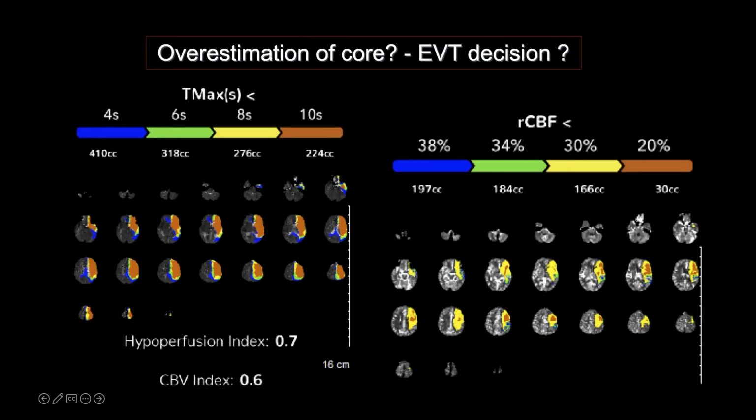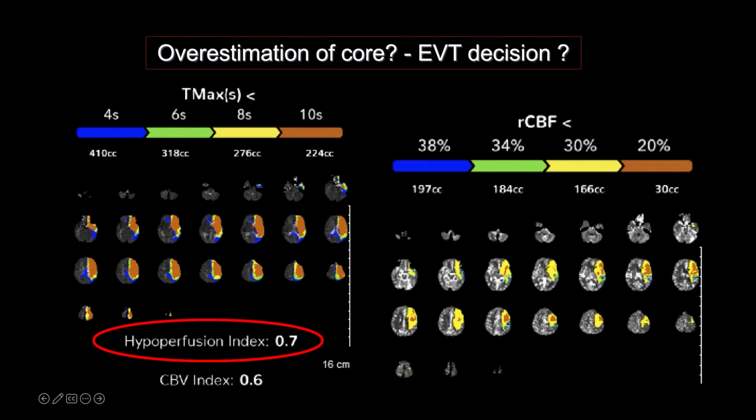Well, what about the other maps? Can we use that? Is this overestimation of the core? So let's look at the Tmax. Now, remember, we talked about the Tmax and using the hypoperfusion index to understand the tissue collaterals. So the hypoperfusion index over here is 0.7. This is poor collaterals.